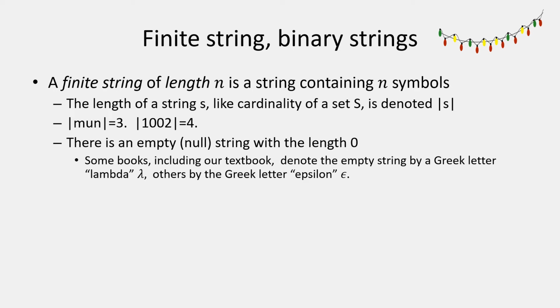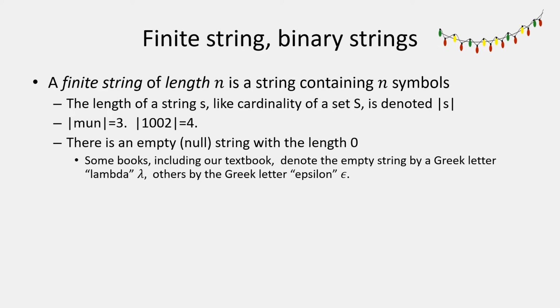And the notation for the length of the string is the same as for the cardinality of a set, 2 vertical bars. So for example, the length of string mun is 3 and the length of the string 1002 is 4. So again, a length counts occurrences of symbols, not how many of a specific symbol occurs in the string.